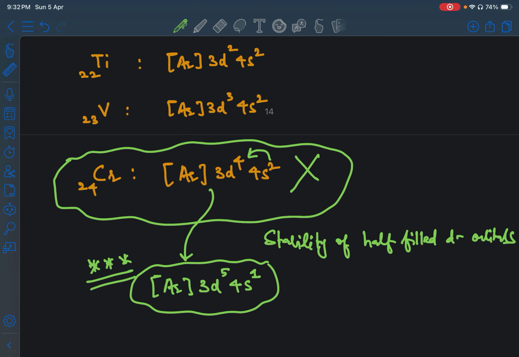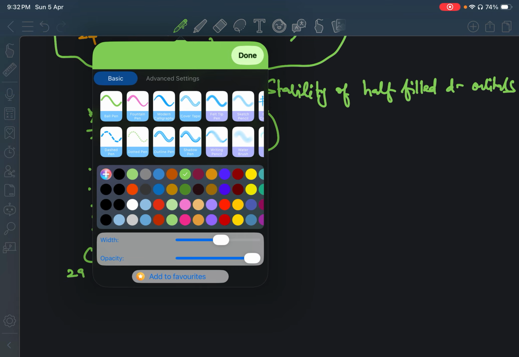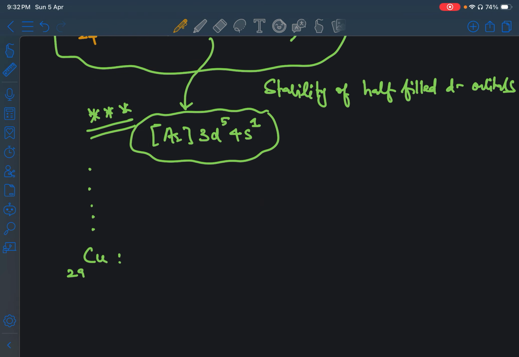We are going to see this, right? The same thing arises when we talk about copper as well. What is the atomic number for copper? Can you write in the chat box the atomic number for copper, guys? Copper has atomic number 29, and if you fill the electrons, it would become like this: argon 3d9 4s2.